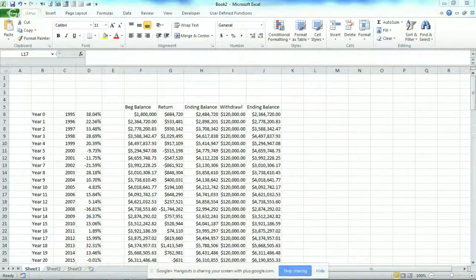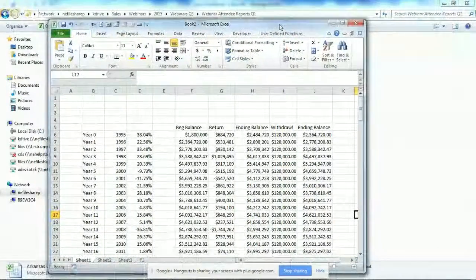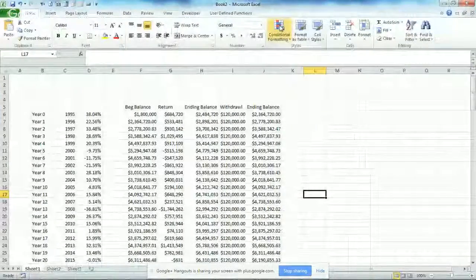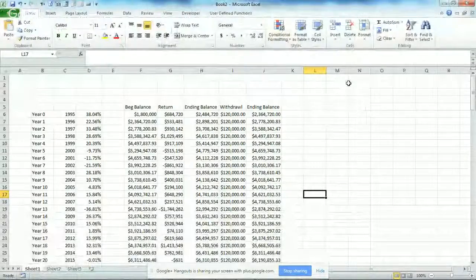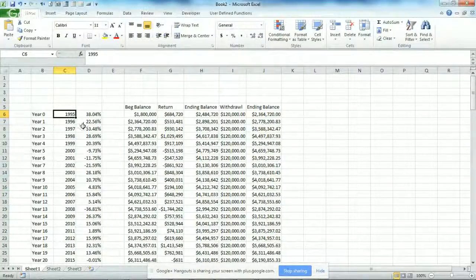So today we're going to look at our sequence of returns and how that affects your portfolio. So what we're looking at here is, let's say it's the year 1995 and you're ready to retire.